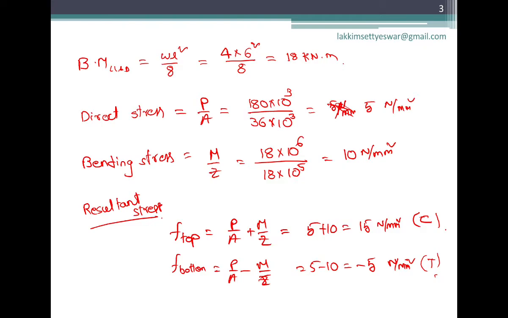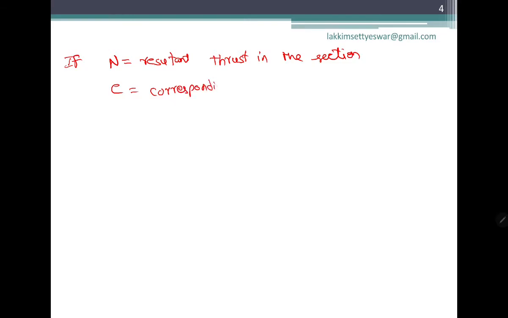Now we need to calculate where the pressure line is located. Let N be the resultant thrust in the section and e the corresponding eccentricity, meaning the shifted pressure line.